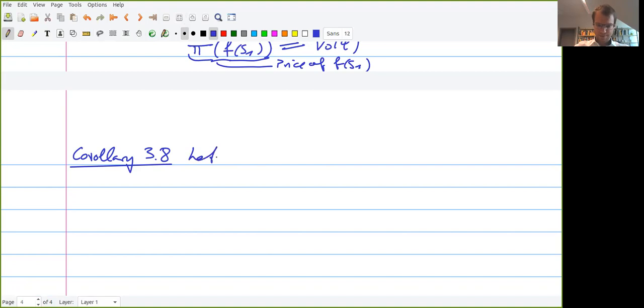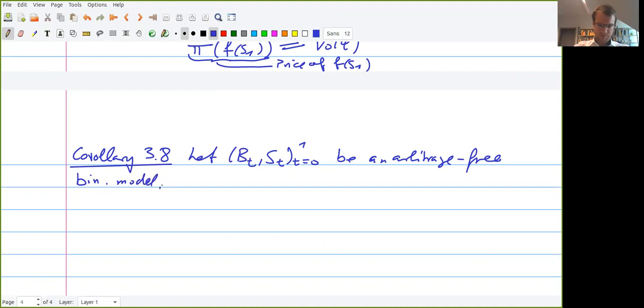Let us consider here the binomial model as we have done, and we need to ensure that it's arbitrage free. And let F be a European option.